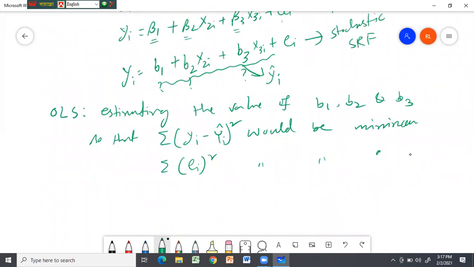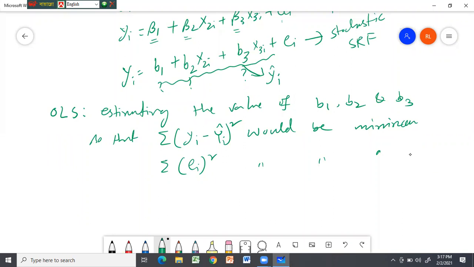When you are going through the minimization or maximization of a function, you know that your given function must be partially differentiated with respect to the parameters. Now you have three unknown parameters: b1, b2, and b3. For these, you will require at least three equations to solve.